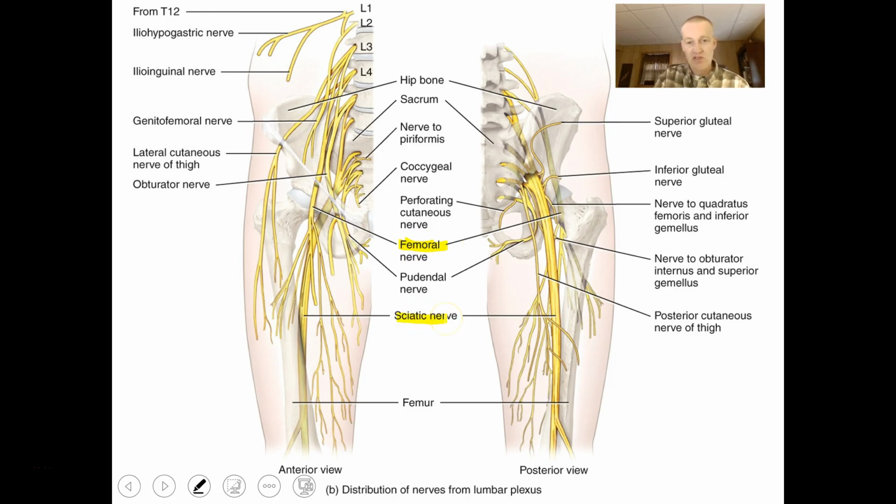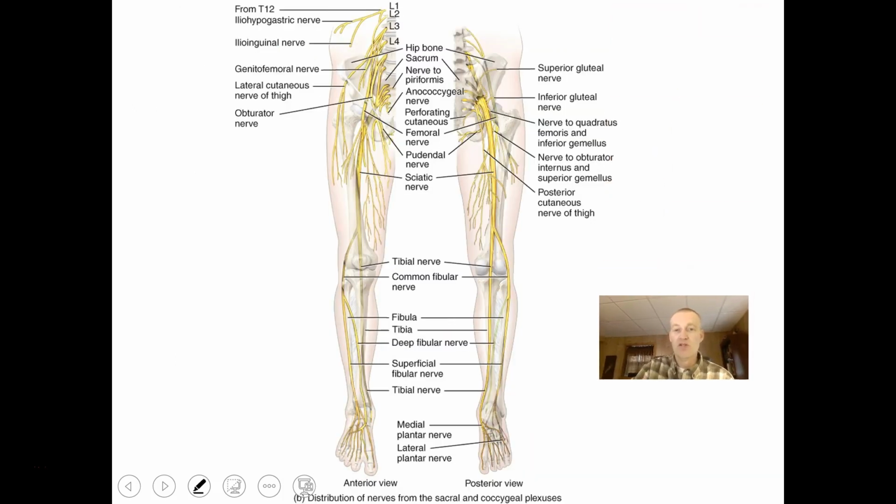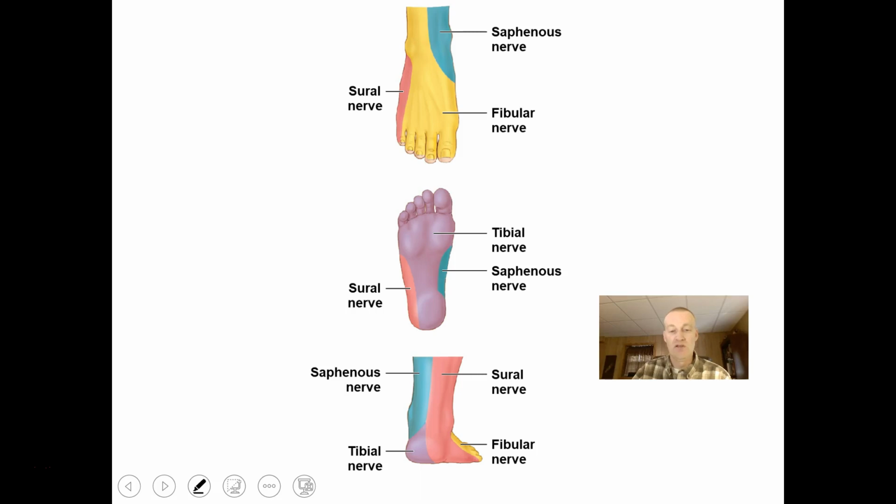We have the sciatic nerve, which is a huge nerve that goes down and services the leg. And you can see just a branching there. So it is important to know nerves because of broken bones. You want to know what nerves could be severed, and when we do break bones, we try to immobilize them so they don't cut and do more damage to arteries, veins, and the nerves.